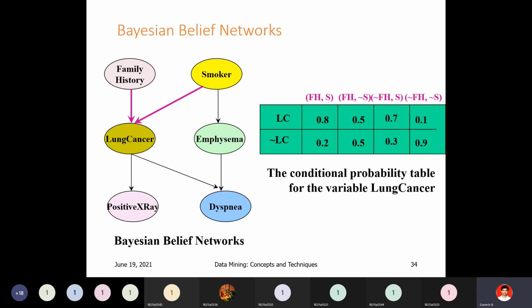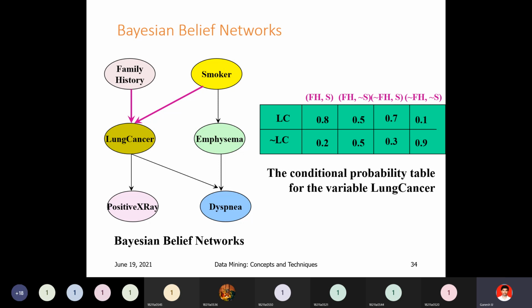Based on these variables, I have to draw the graph. If your forefathers had lung cancer and you are also a smoker, then the probability of getting lung cancer is high. So both of these lead to lung cancer.